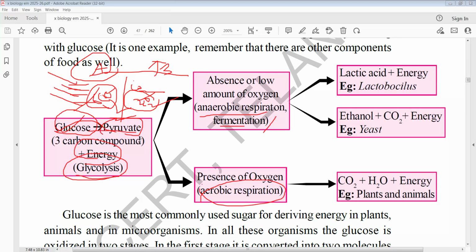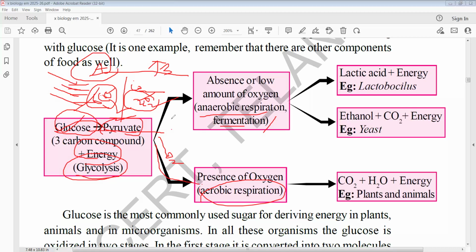So it is common. Now this pyruvic acid enters into aerobic or anaerobic respiration, and oxygen determines which. If the oxygen is available, the pyruvic acid enters into aerobic respiration.